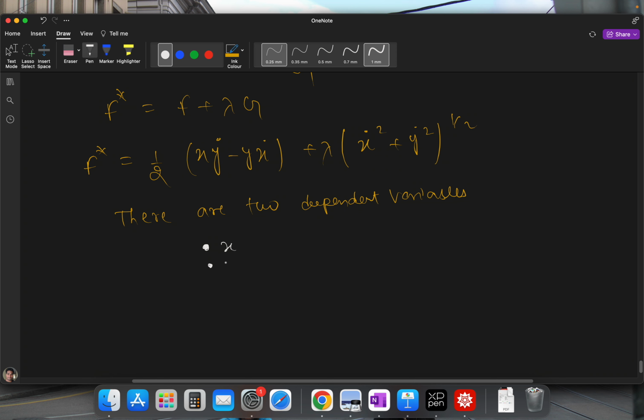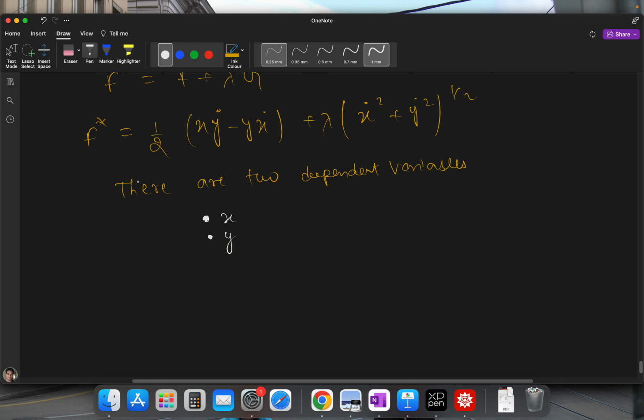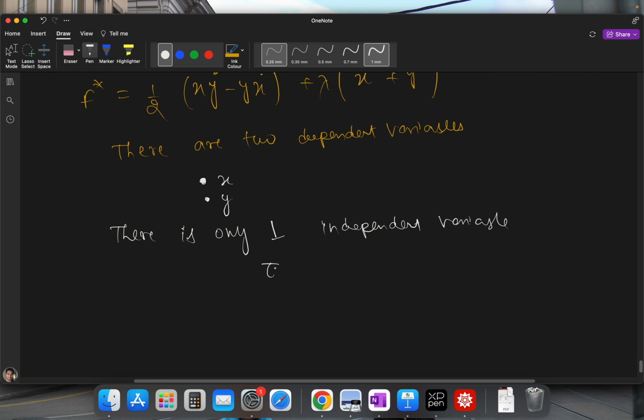And there is only one independent variable, and what is that? Tau.